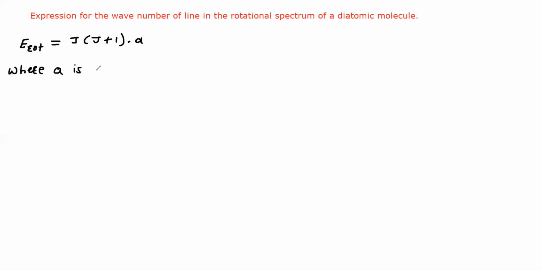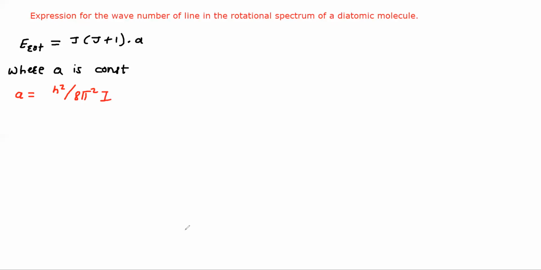A is nothing but a constant. It is a constant for a molecule, and the value of A is nothing but h square upon 8 pi square. So this is the constant term. Okay.